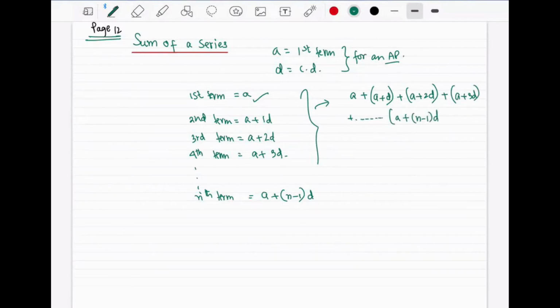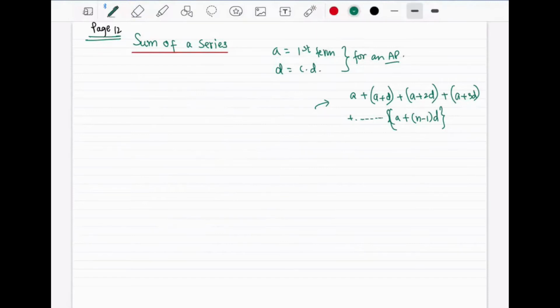Since there is a bracket on the n minus 1, we will use a second bracket. In order to derive this formula, let us represent the sum of the first term, second term, third term, fourth term up to the nth term by a symbol. You already know this part, so let me rub this off.